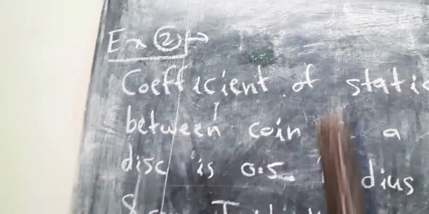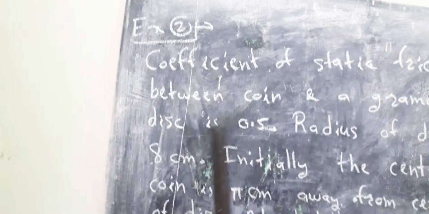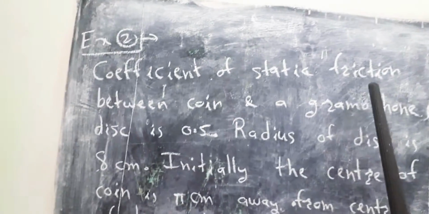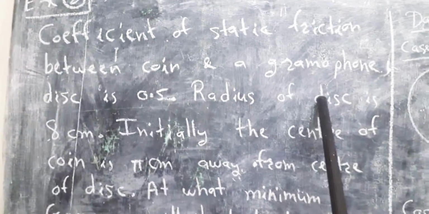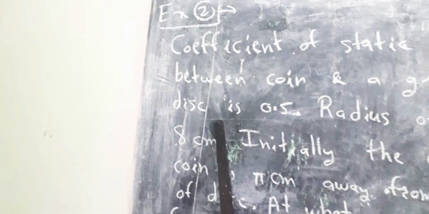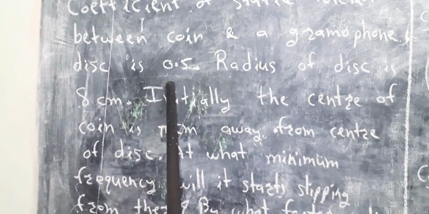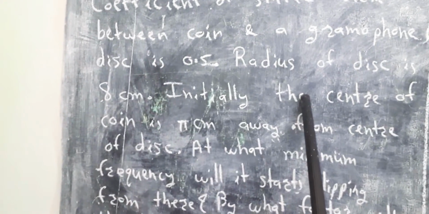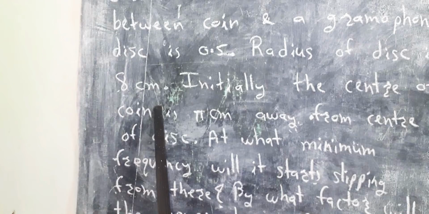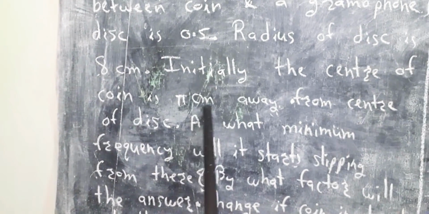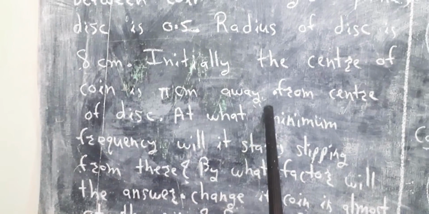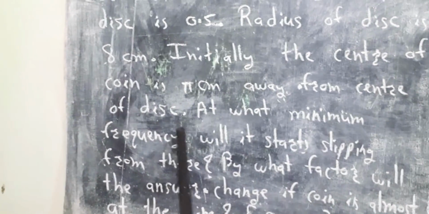Second example. Coefficient of static friction between coin and a gramophone disc is 0.5. The radius of disc is given as 8 centimeter. Initially, the center of the coin is pi centimeter away from the center of the disc.